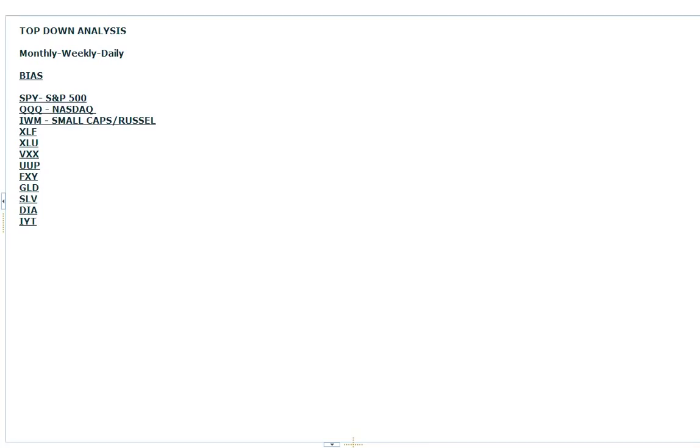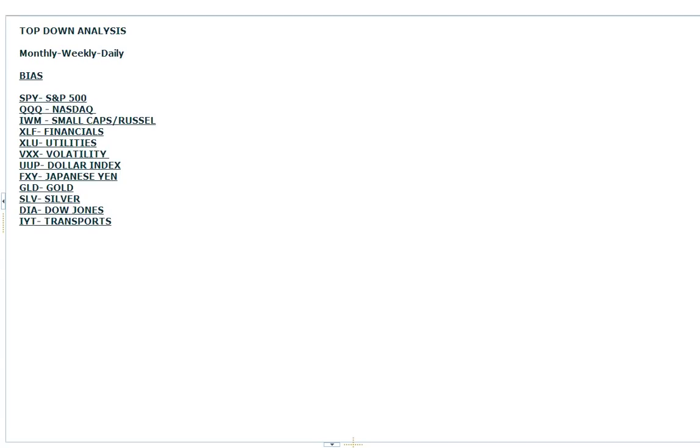XLF financials, XLU utilities, VXX volatility, UUP dollar index, FXY Japanese yen, GLD gold, SLV silver, right? And then the Dow obviously is Dow Jones, and IYT is transports.